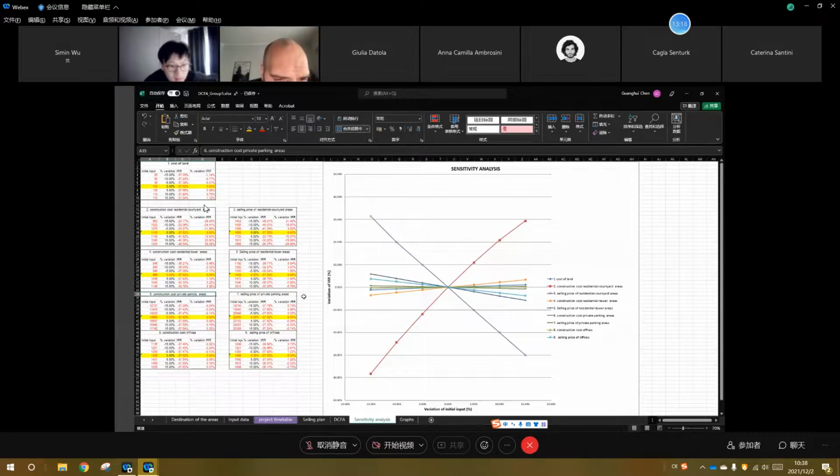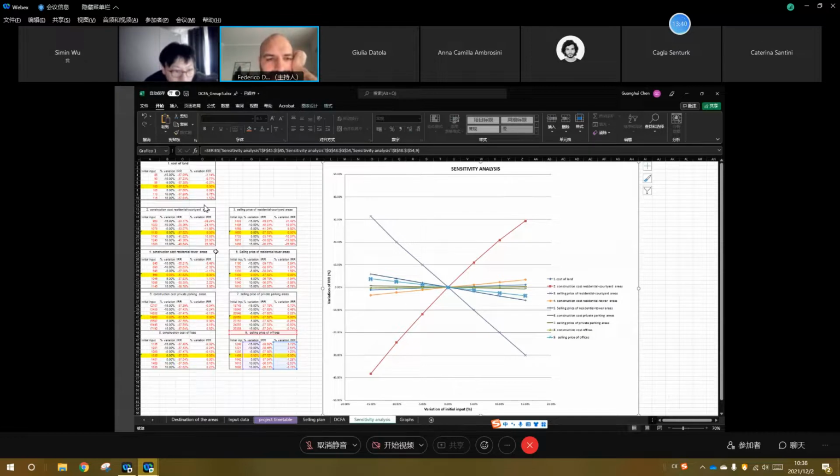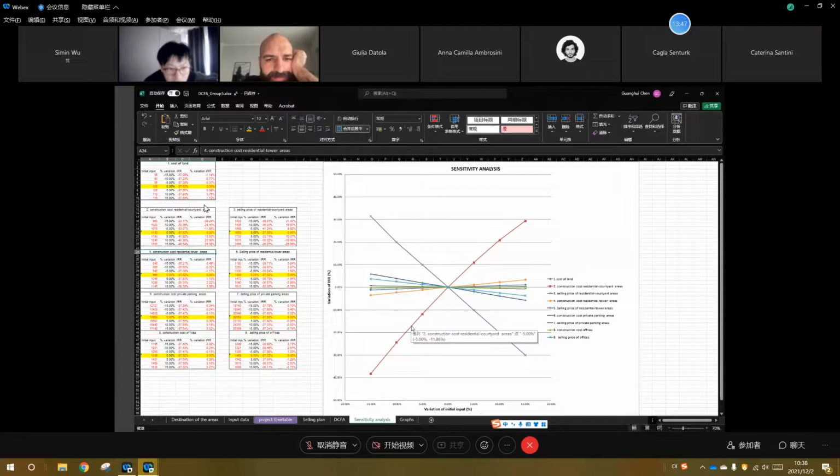The other ones are the selling price and the cost of these. The residential areas are the variable that affected the results compared to the others, it is higher. Okay, we will check this one again.